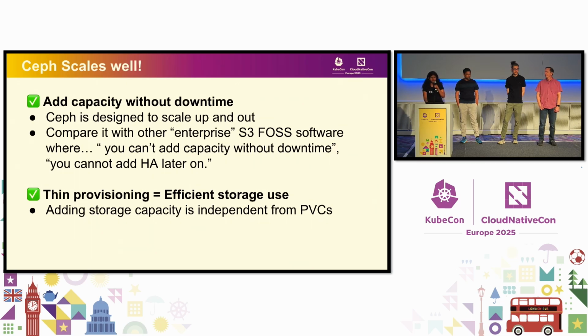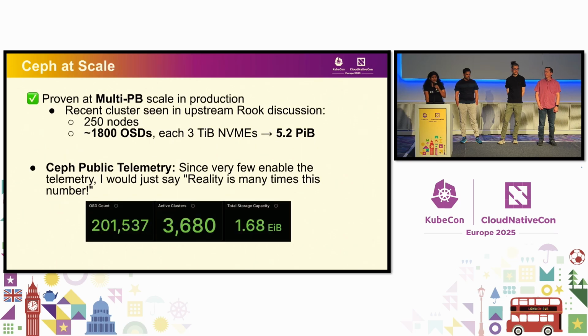Looking into the scalability numbers, we have seen multi-petabyte Rook clusters already, with a recent cluster reporting around 250 nodes used, 1,800 OSDs, each having 3 terabytes of NVMe, amounting to around 5.2 petabytes of storage.